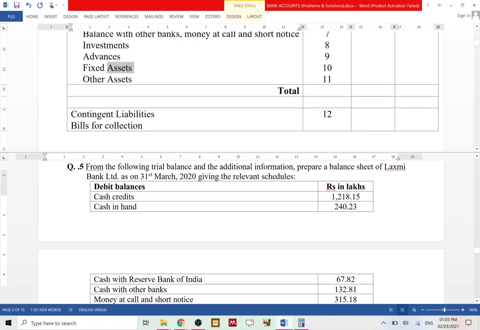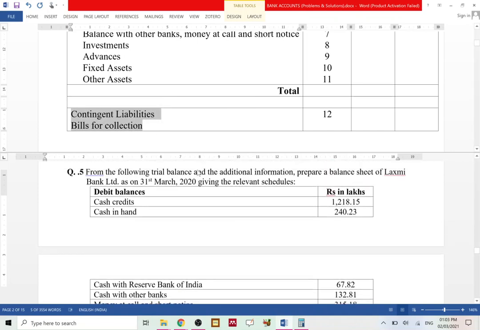Now, Schedule 12 and this other information called bills for collection, it doesn't really form part of either the assets or the liabilities, but it is still to be shown in the balance sheet somewhere, right? As we do the problem, we will see what type of items fall under these two categories.